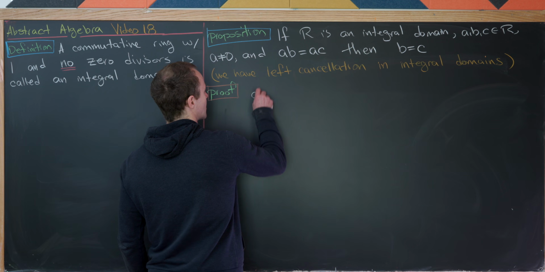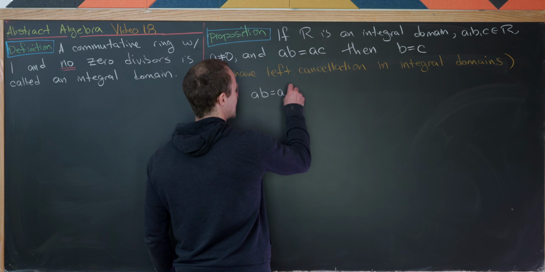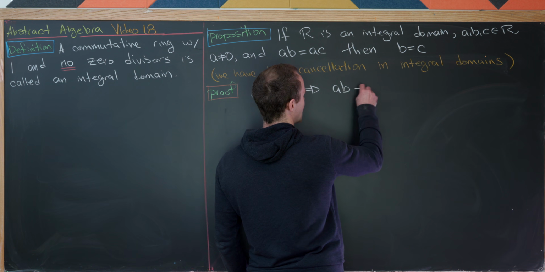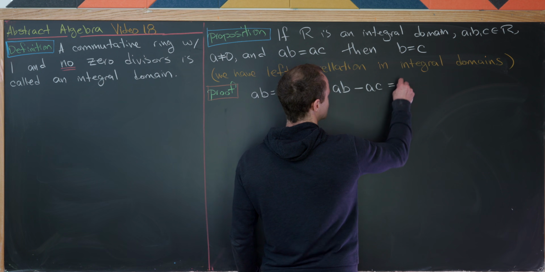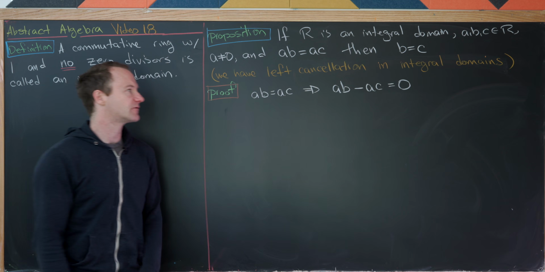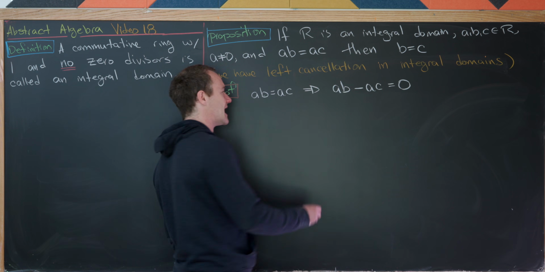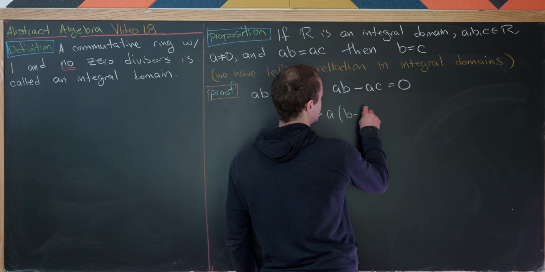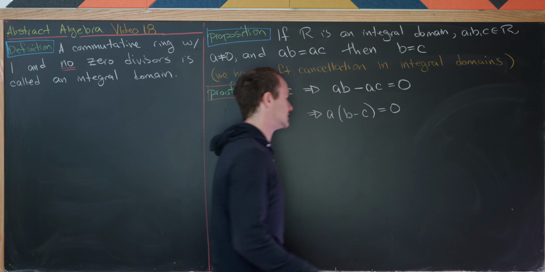So let's start with AB equals AC, and notice that immediately implies that AB minus AC is equal to 0. And from here we can factor the A out of the left. That leaves us with A times (B minus C) equals 0.